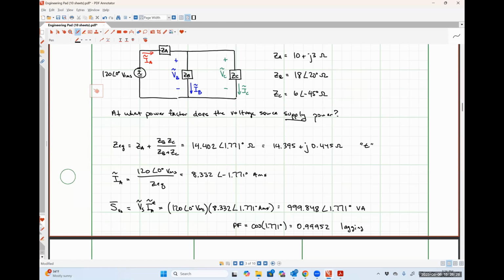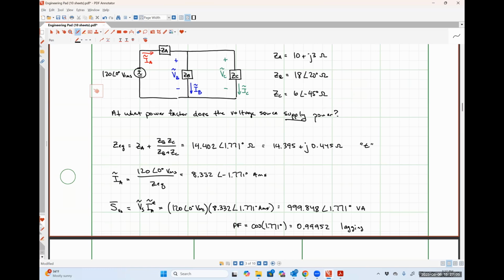Will we ever get an angle above 90 degrees? Trevor, we will not, because an angle above 90 degrees means that we are dealing with negative resistance. So, like if you calculated the power absorbed by this voltage source, you would wind up getting an angle that's larger than 90 degrees because we're simply looking at it in the wrong direction, right?